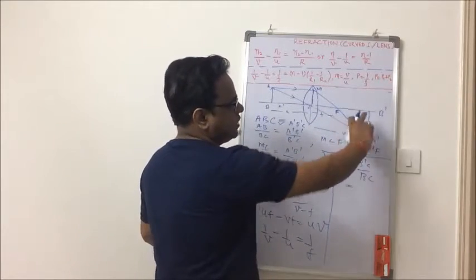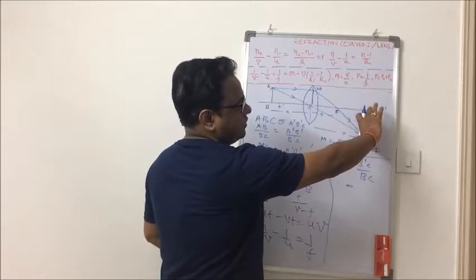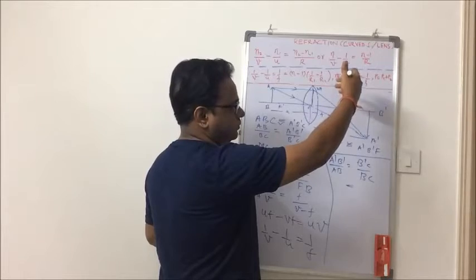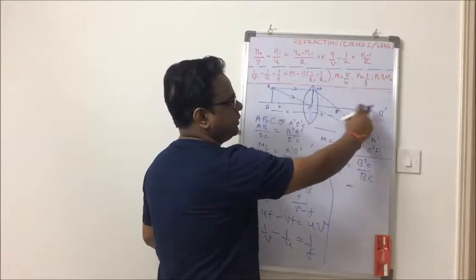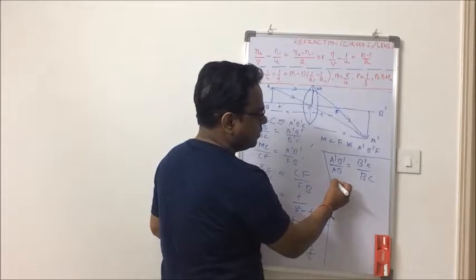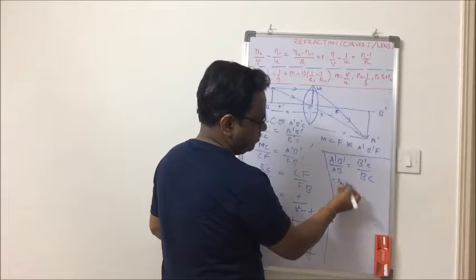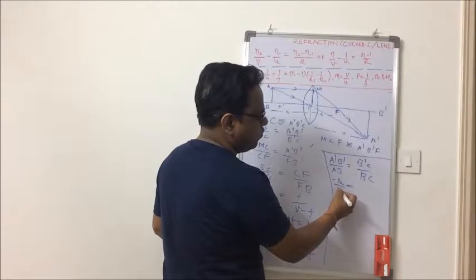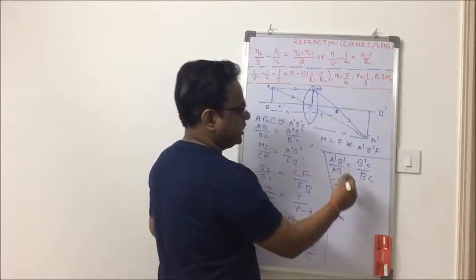A'B' is the length of the image, and it is on the downward side of the principal axis, so its sign would be treated as negative. So we will say minus y2 is the size of the image divided by y1, the size of the object.